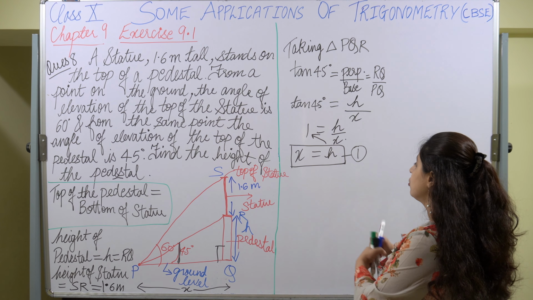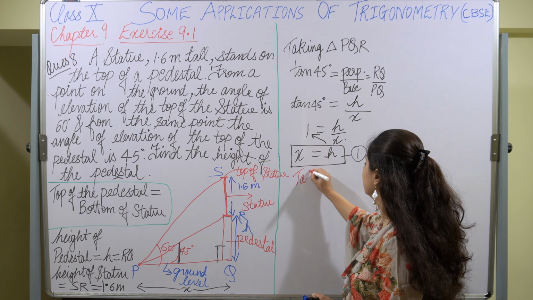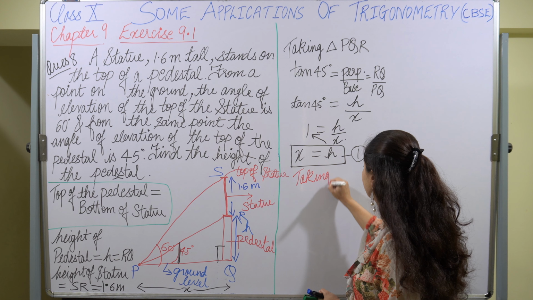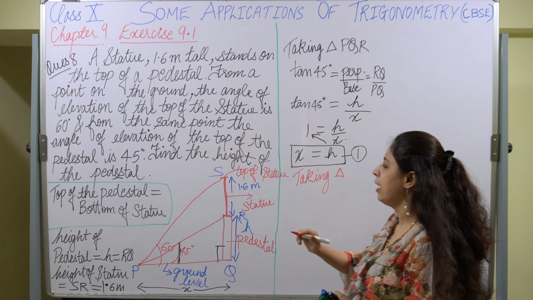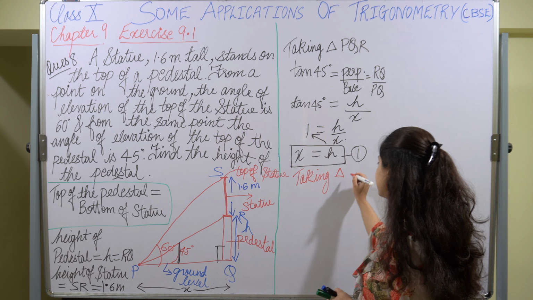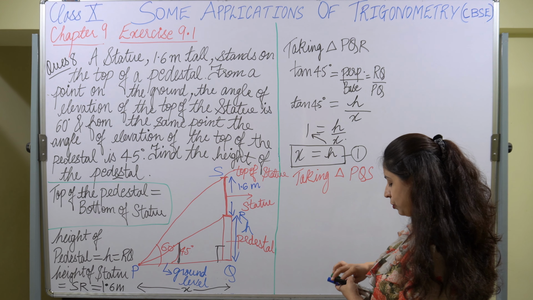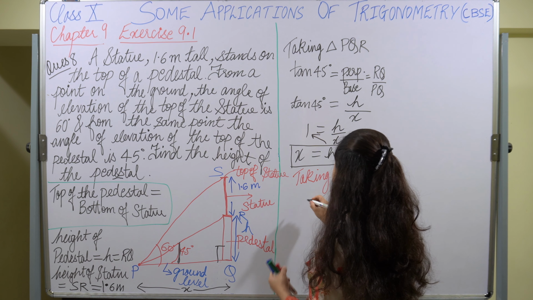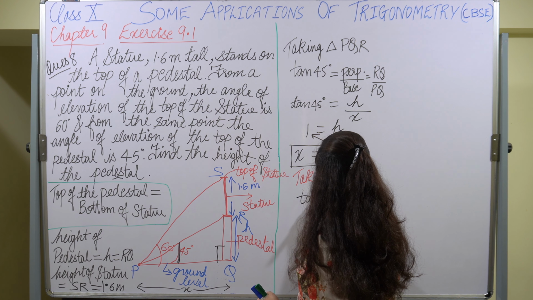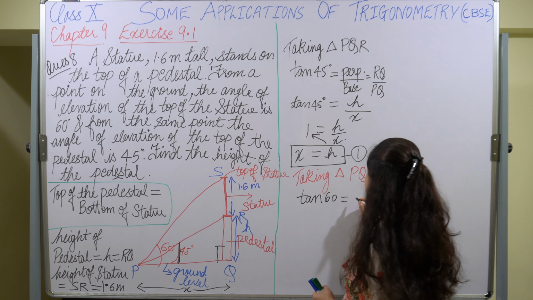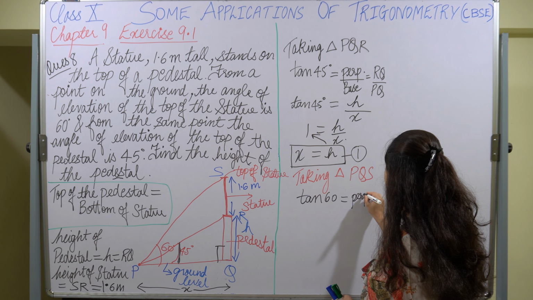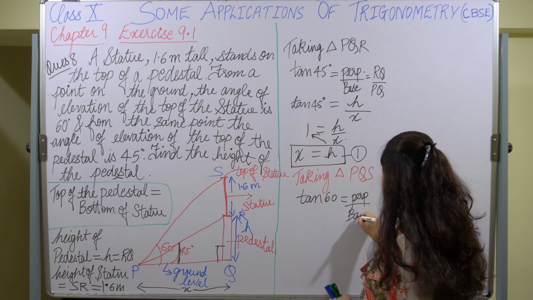Now taking the triangle PQS, in the triangle PQS also we will be doing the same thing. Tan 60 degrees will be equal to perpendicular upon base.